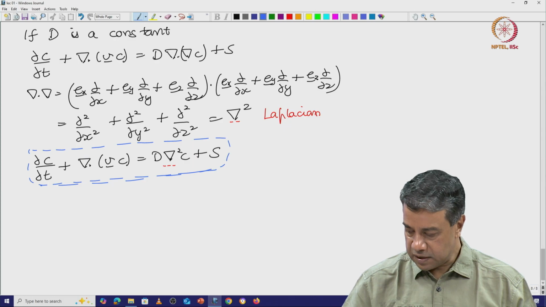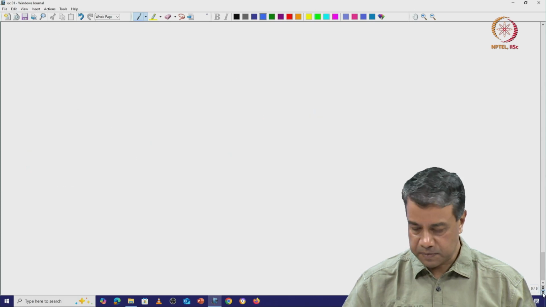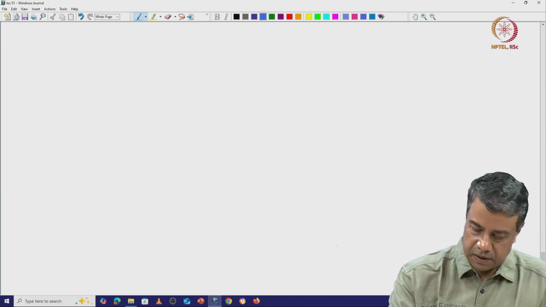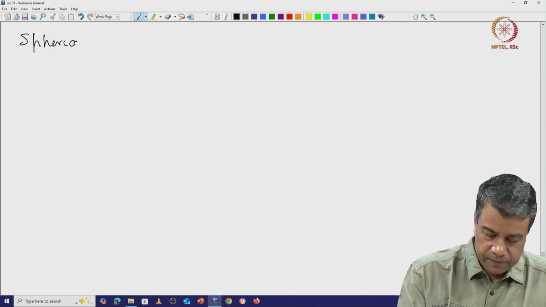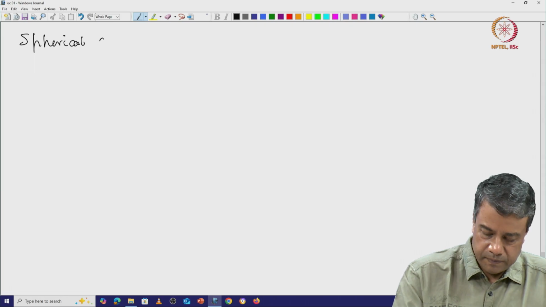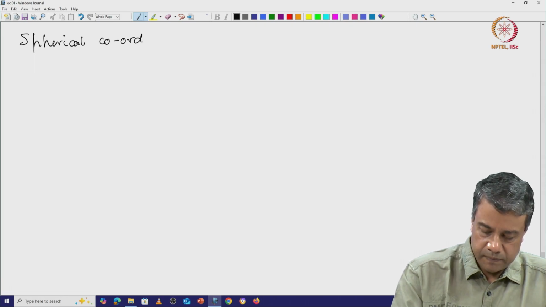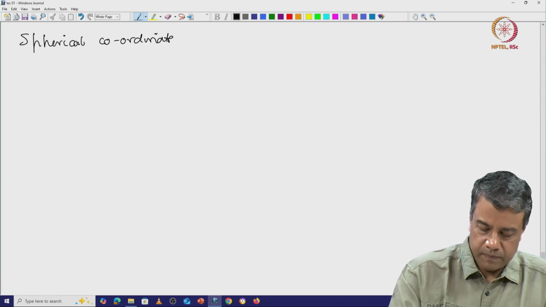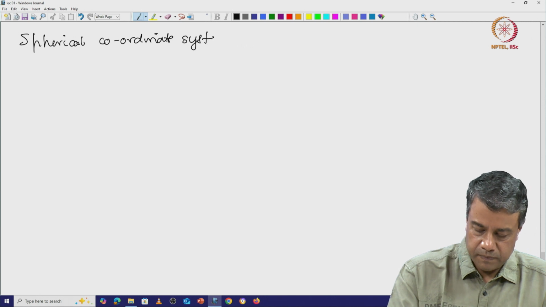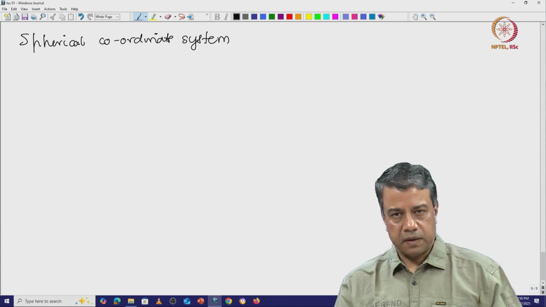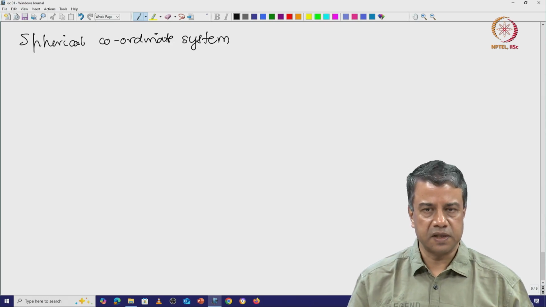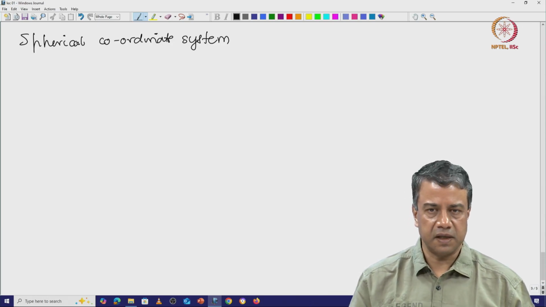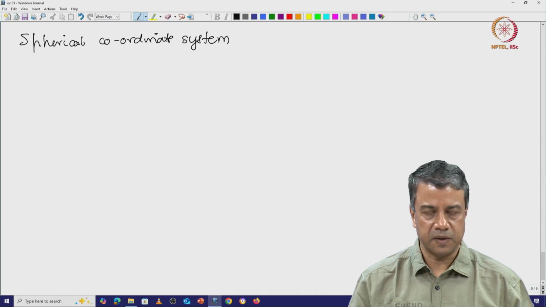So, with this introduction let us go on to the next part, which is basically a spherical coordinate system. A Cartesian coordinate system is useful if you are solving, for example, mass transfer or heat conduction in a rectangular geometry.